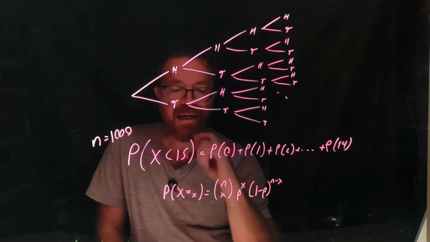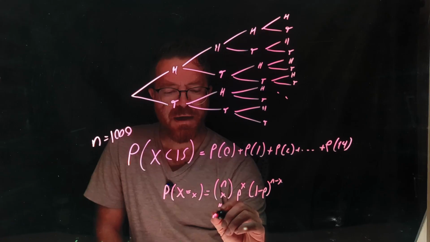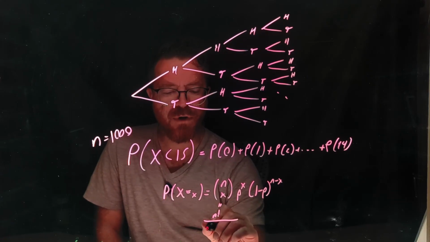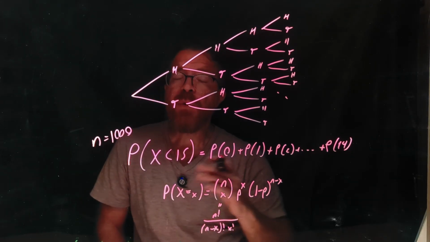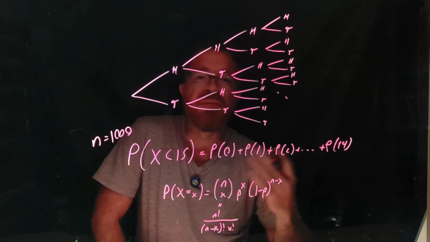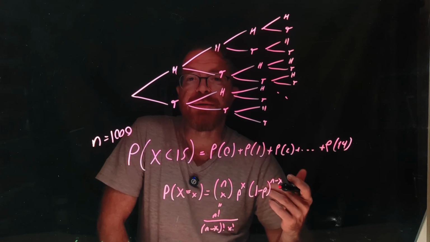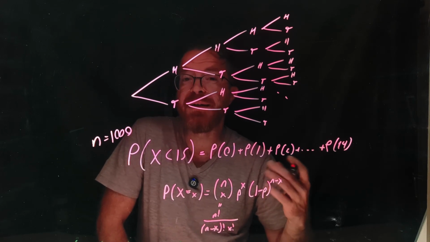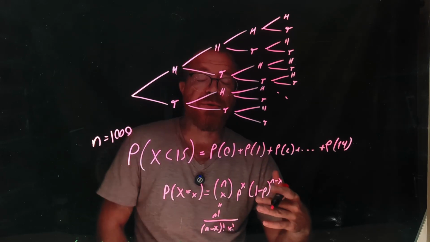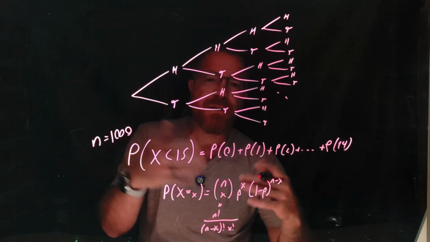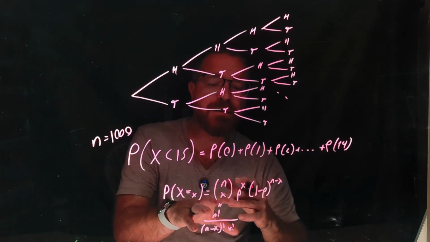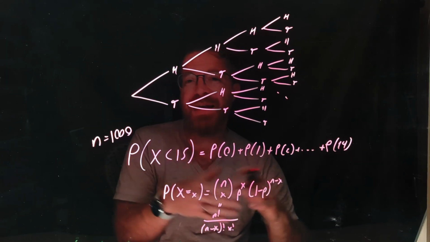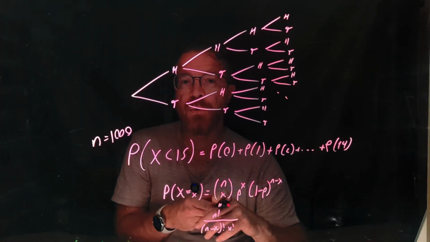And this n choose x is going to be n factorial over (n minus x) factorial times x factorial. Go into your calculator and try to put in like 1,000 factorial and see what happens. I guarantee that you will probably get an error. Even using more advanced tools like R or Python, these factorials can grow very fast and become very difficult even for computers to work with.